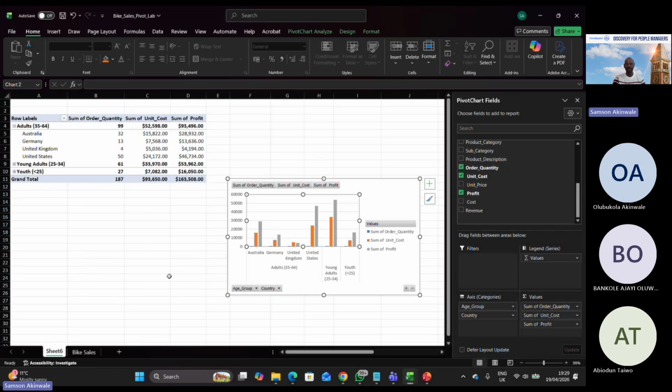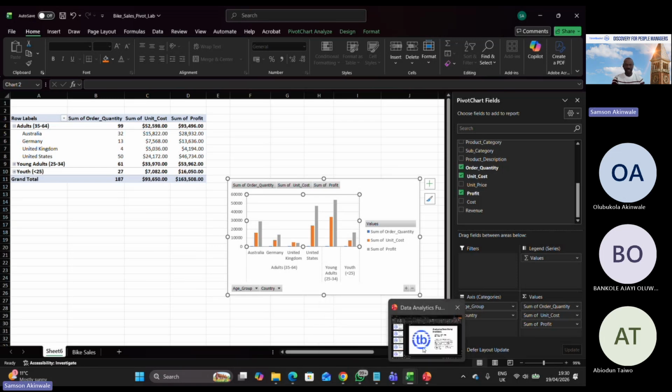It is all in a bid to make it easy to quickly understand and identify trends or patterns. Then you are able to ask questions from the person who prepared the data or the dashboard.